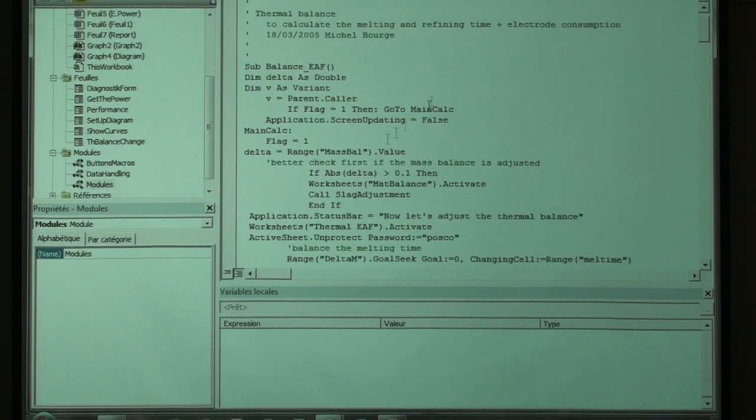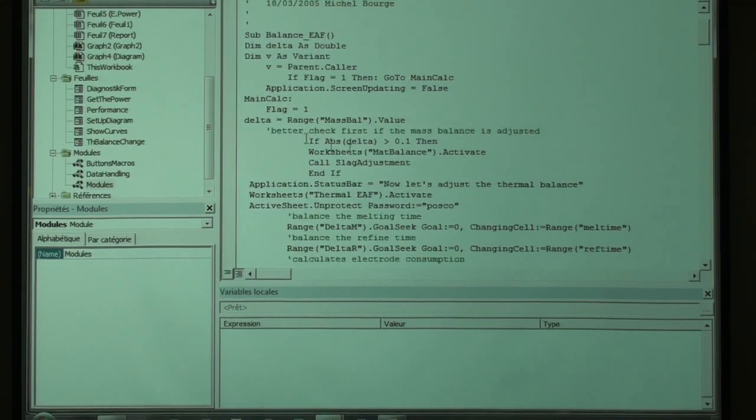I have in the macros balance EAF. So I just check first that the material balance is finished. Otherwise, I do the material balance again. So this is for melting.